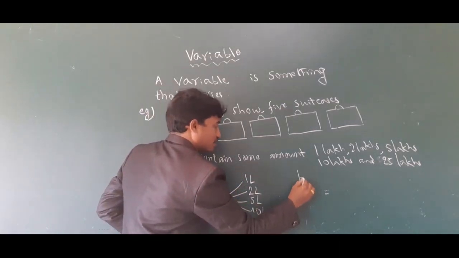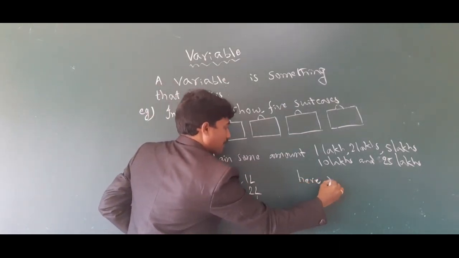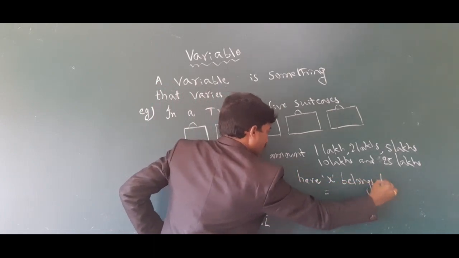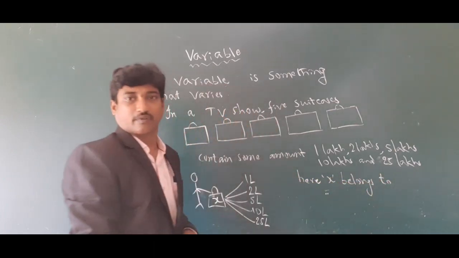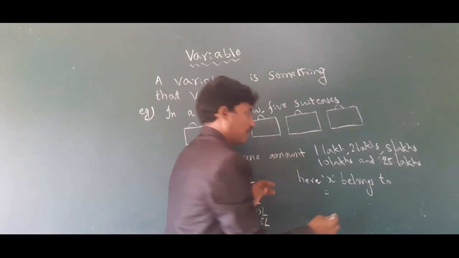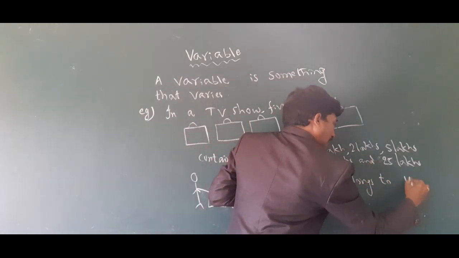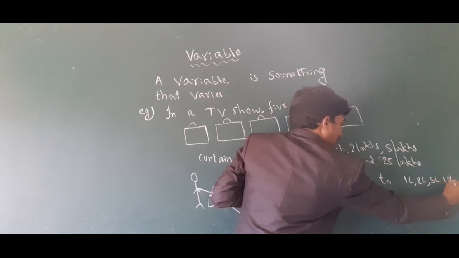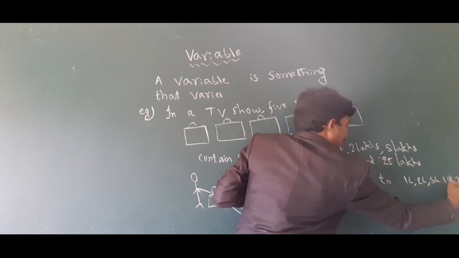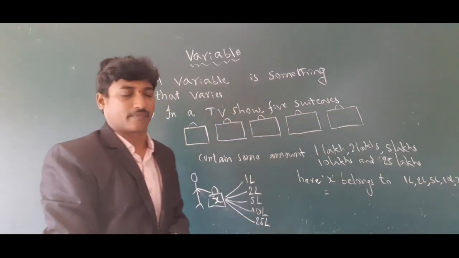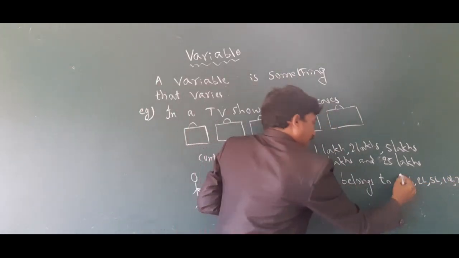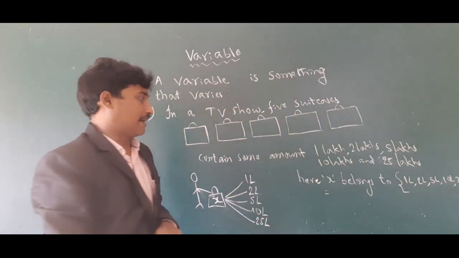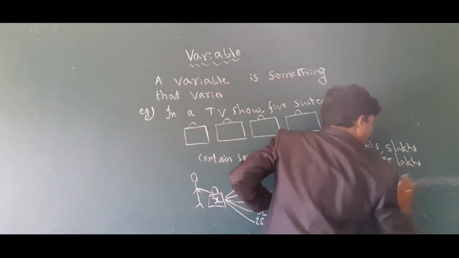Here x belongs to the collection of 1 lakh, 2 lakh, 5 lakh, 10 lakh, 25 lakhs.